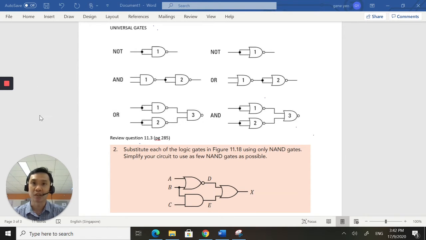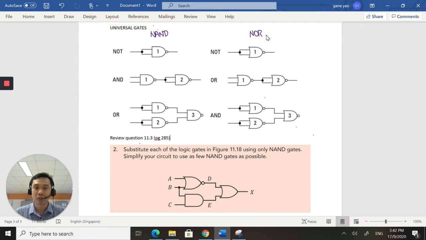There is something called a universal gate. I'm not going to teach you anything new because this universal gate is actually made up of the gates that you already know. So what I mean by universal gate is that I can use these gates, namely the NAND gate and the NOR gate, to build all other kinds of gates.